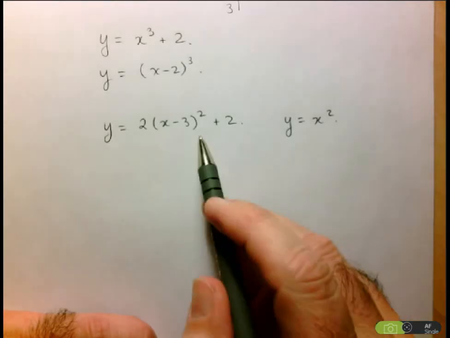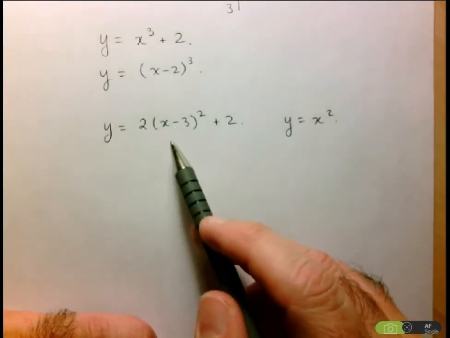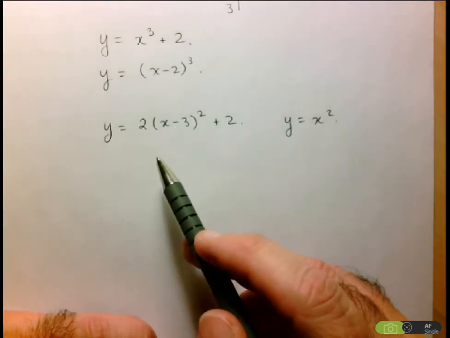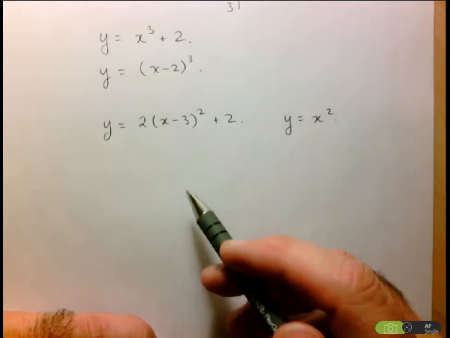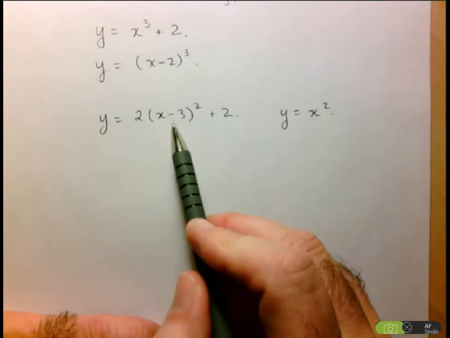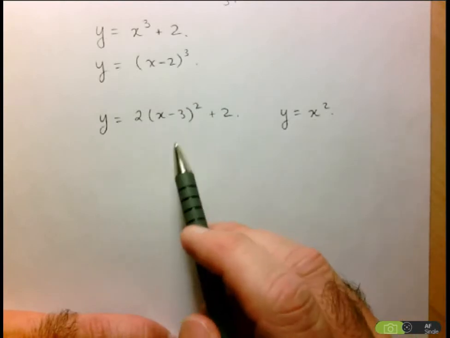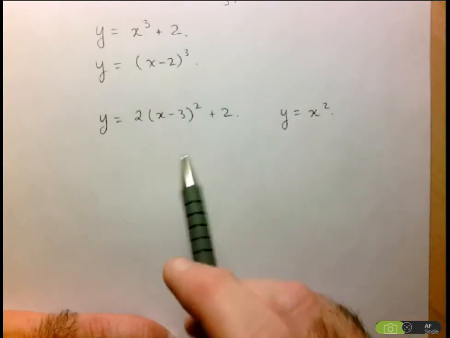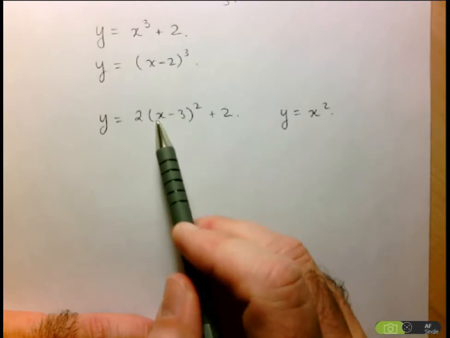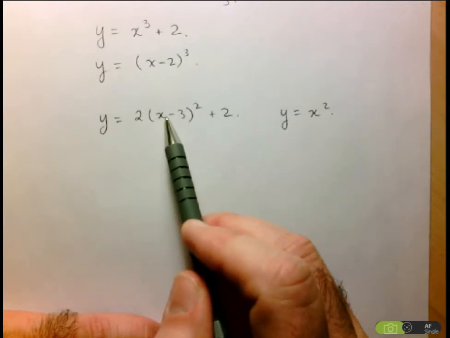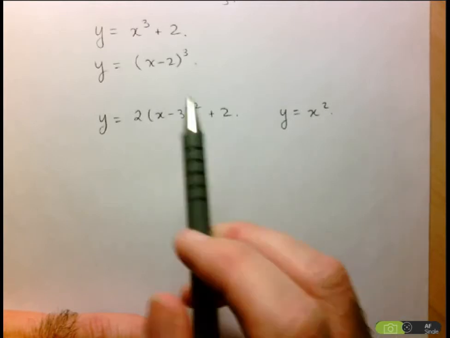The reason we do that is we realize that once we were doing these transformations, the basic shape of the graph did not change. So how do we connect this graph to the graph of y equals x squared? Well, by using those patterns that we found. We know that this x minus 3 will have shifted the graph to the right by 3 units.